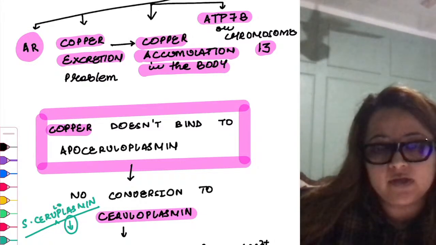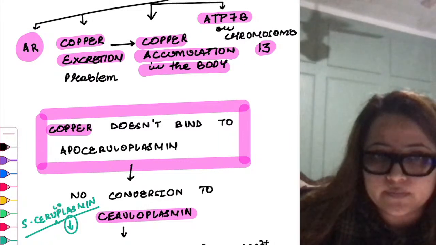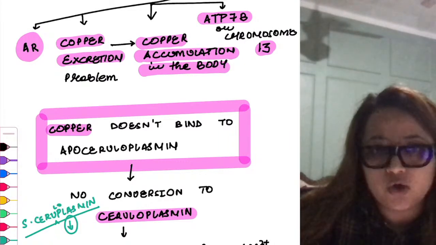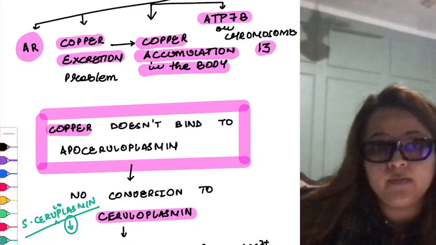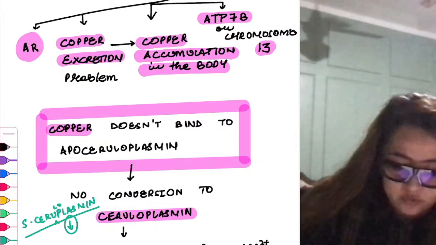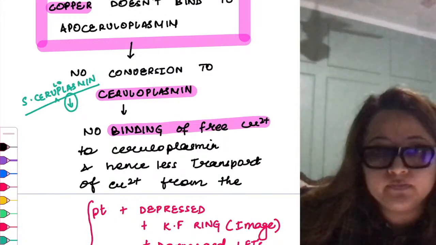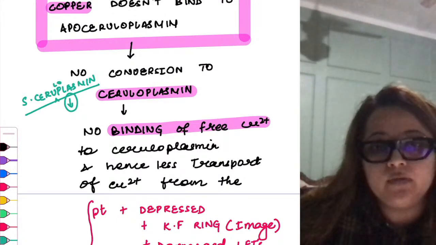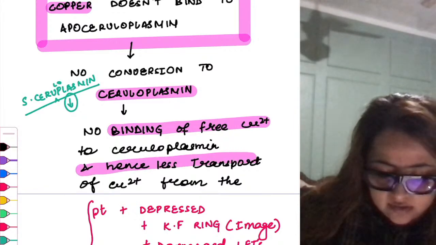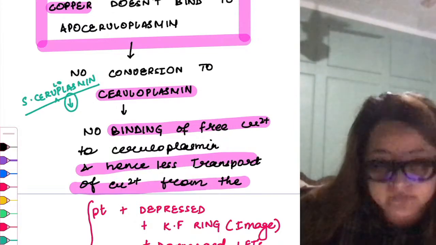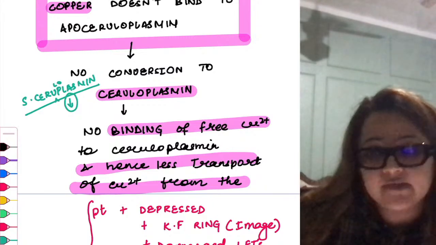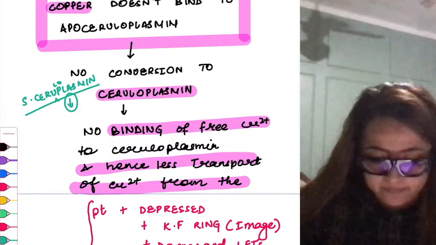Second thing, ceruloplasmin is a copper transporter. So if ceruloplasmin is not there, copper won't be in the bound form. No one is transporting copper from the liver. So what happens is no binding of the free copper. So free copper levels would be more, and hence less transport from the liver to the bile. All right.